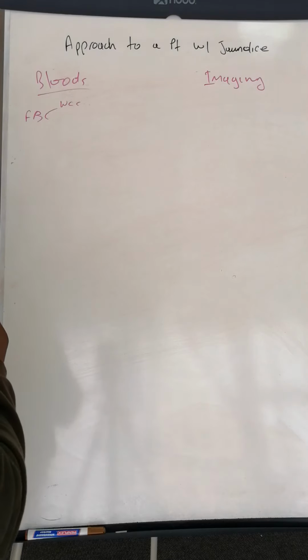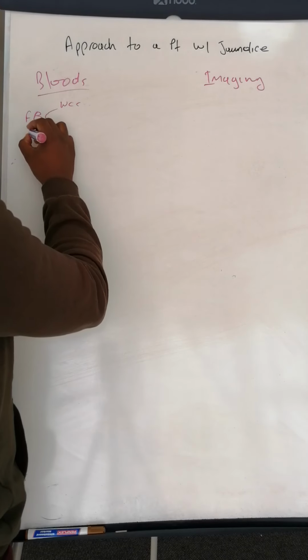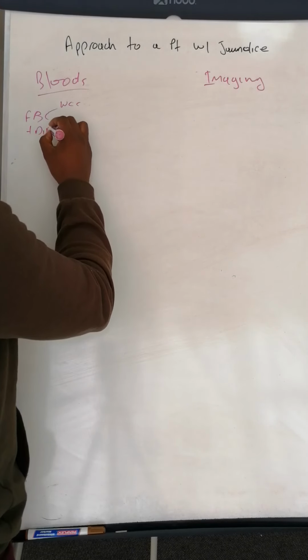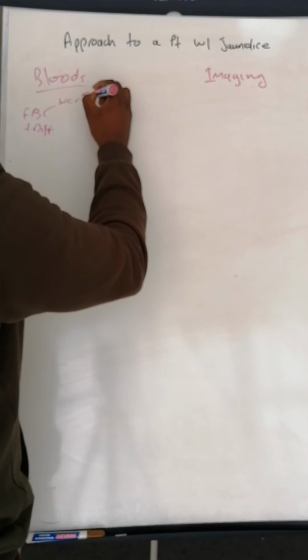Remember, you get a lot of lymphocytes when you've got viral infections. So do FBC plus diff, because there are viruses that do cause hepatitis, and with a viral infection you might have lymphocytosis, so a high white cell count.